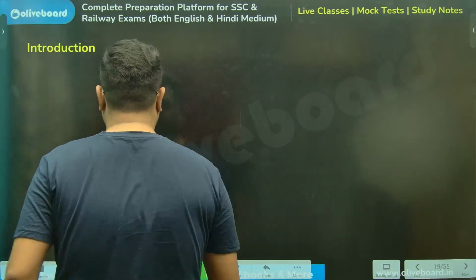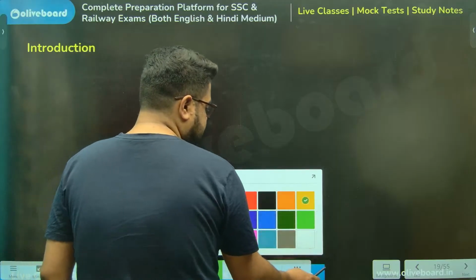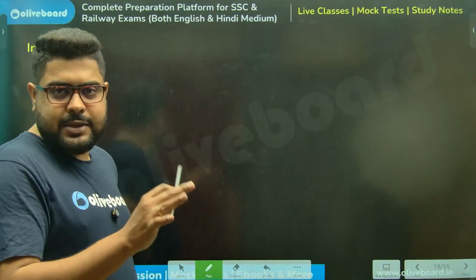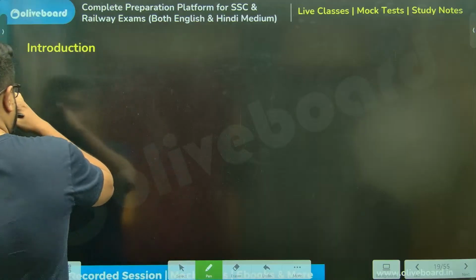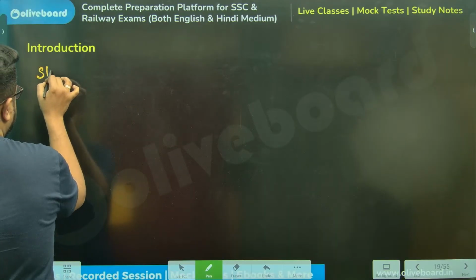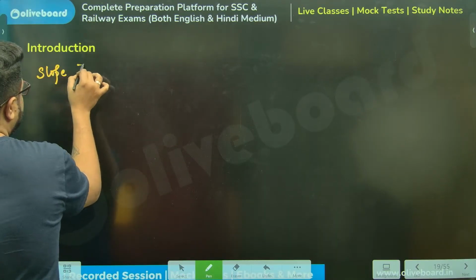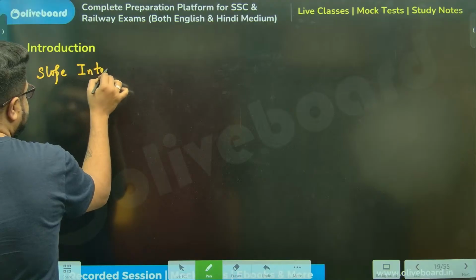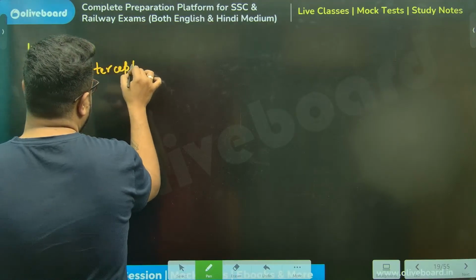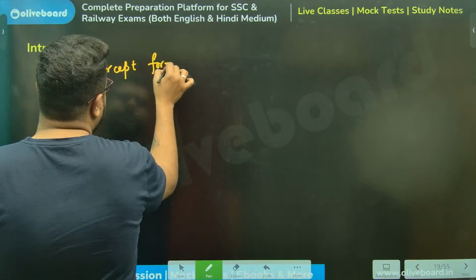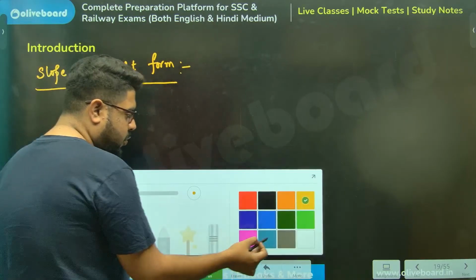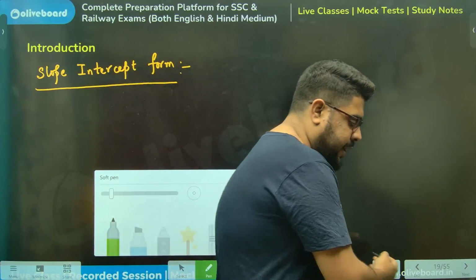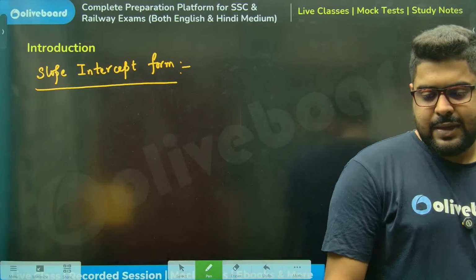So the first form which we'll learn. Again, the forms will not be completed today, let me just push at least a couple. The first form is called slope intercept form. Which two pieces of information will I need over here?